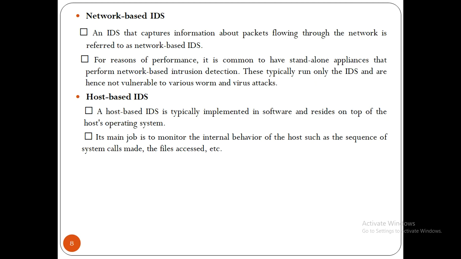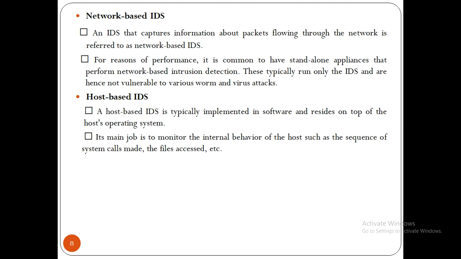Given the importance of not missing an intrusion, an IDS may go overboard and react to even innocuous events. We say that an IDS generates a false positive if it raises an alarm even though there is no intrusion currently occurring or about to occur.